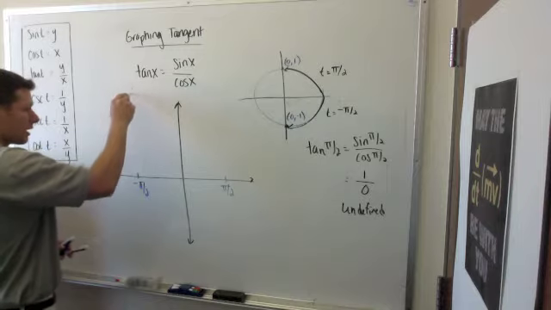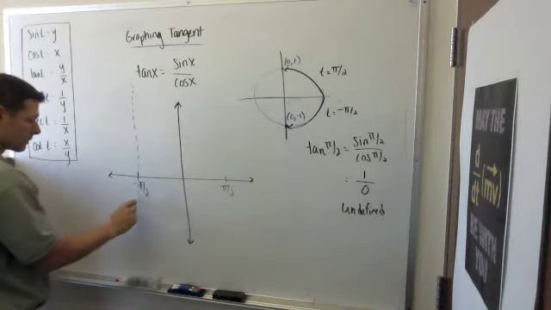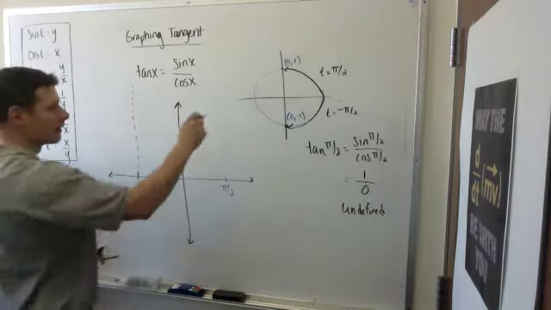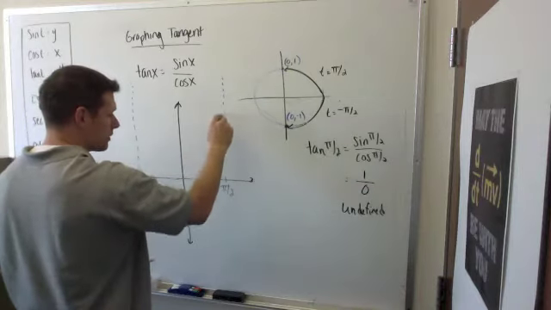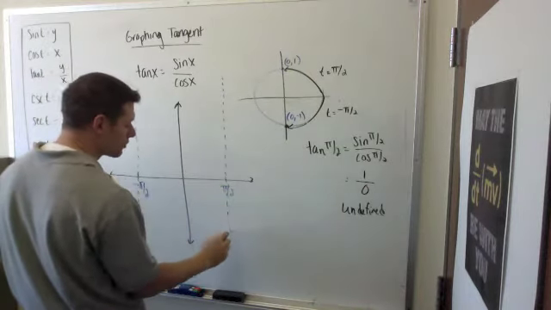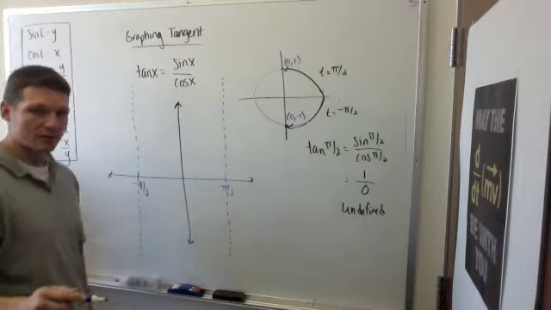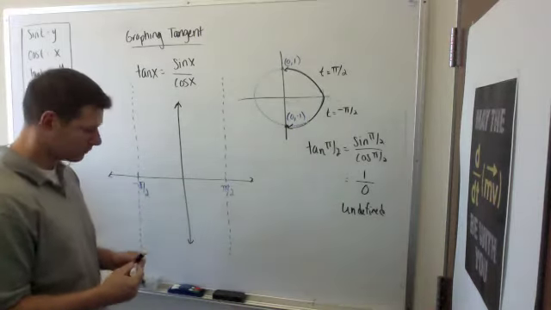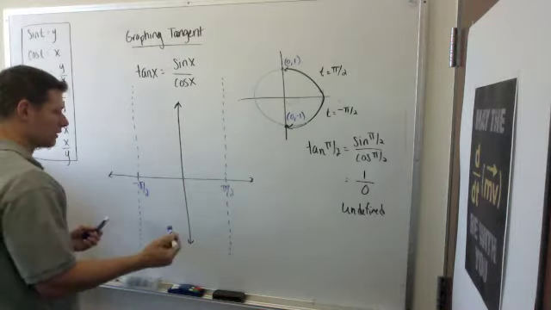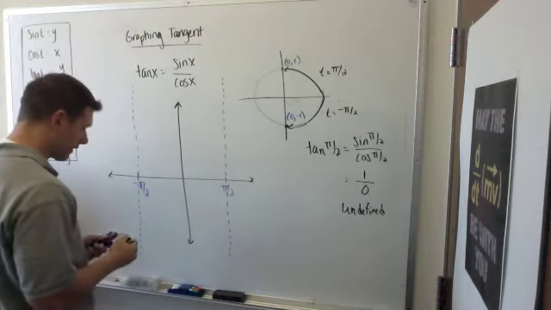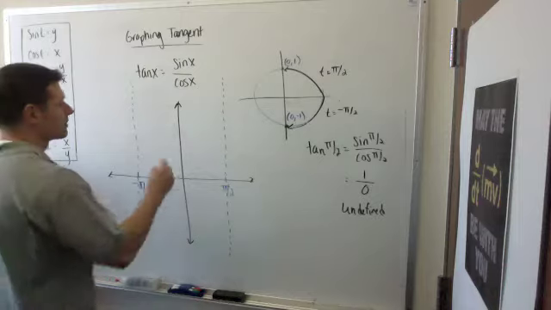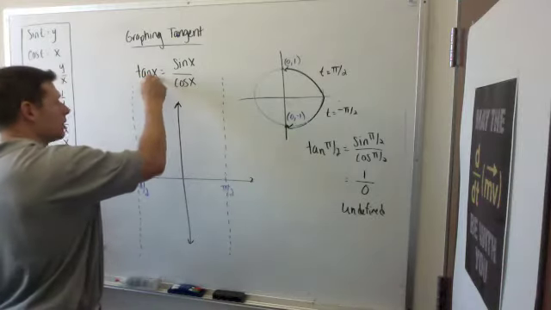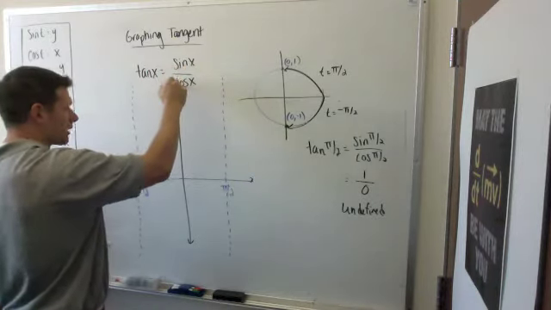And what we get is these asymptotes. Now what's an asymptote? A vertical asymptote is a pretend little line that your function is going to approach but never actually get to. It's going to get closer and closer and closer, but it's never actually going to get there. Okay? So if we started creating a table of values, the first thing we'd note is, what's tangent of 0? Well, that's sine of 0 divided by cosine of 0.